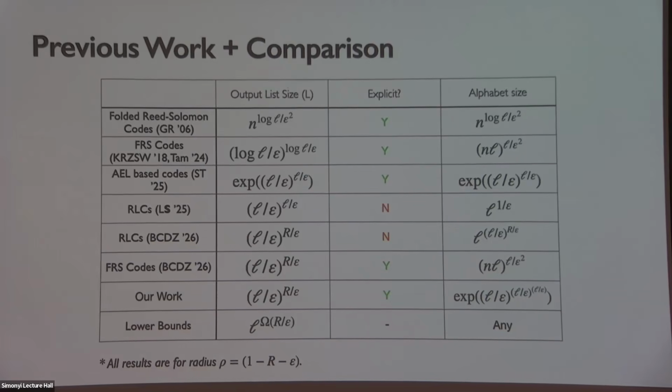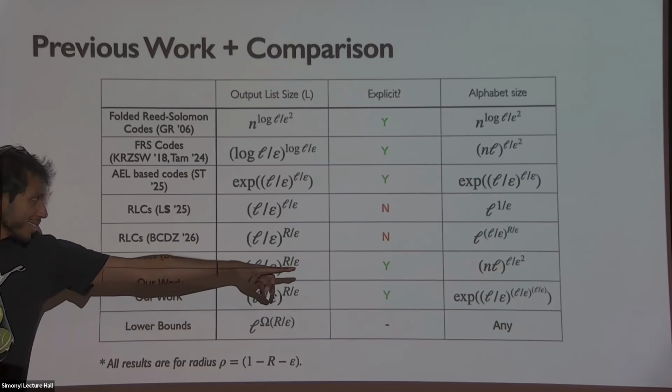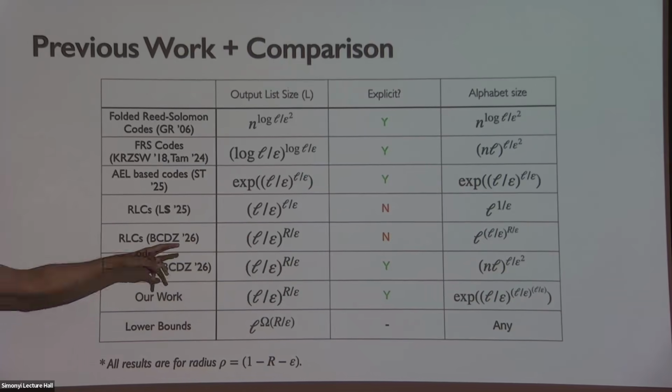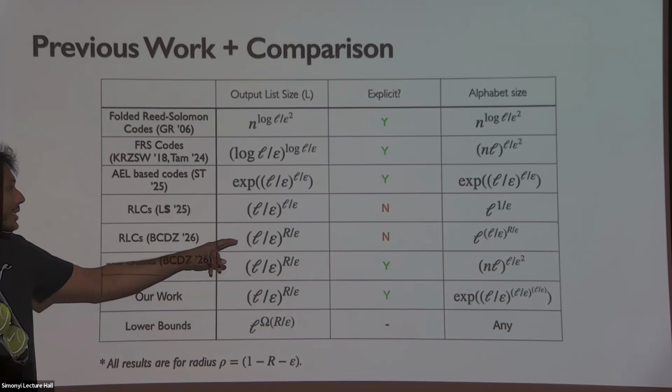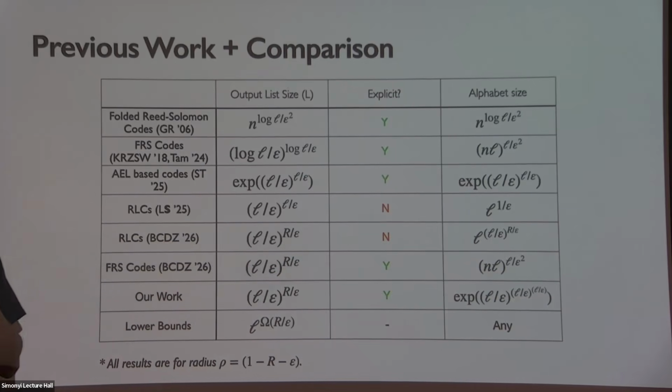And do you have any opinion on what the alphabet size should be? The alphabet size, I don't know. This is definitely not the best alphabet size possible. In fact, I feel even for this probabilistic result, that also is probably not the best alphabet size possible. It should look a lot cleaner than that, I feel. Thank you. Any other questions?